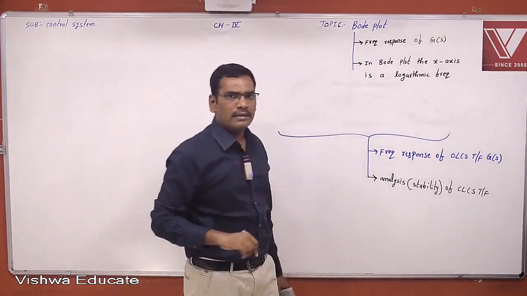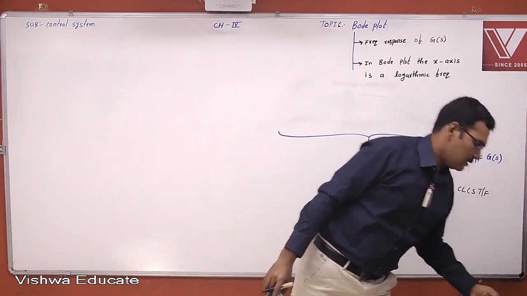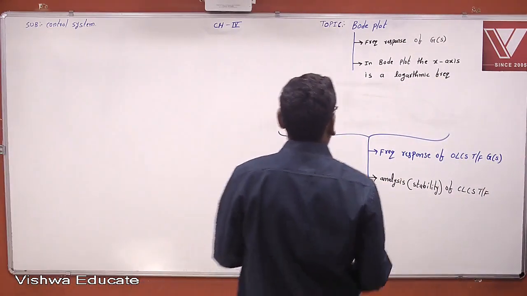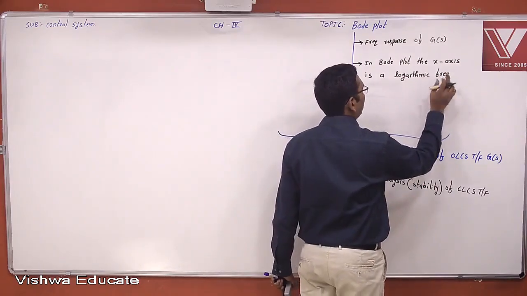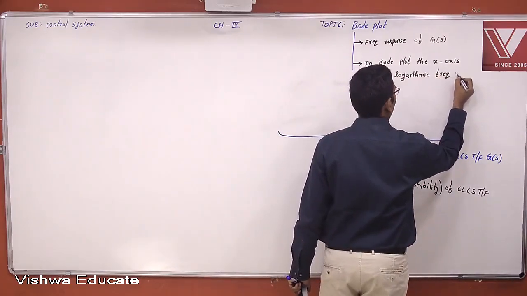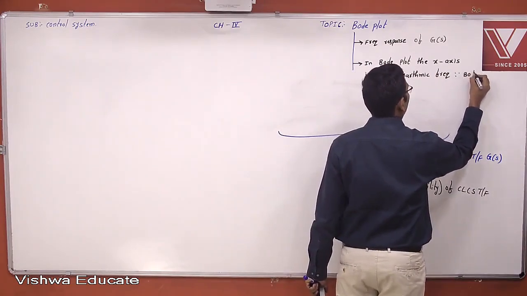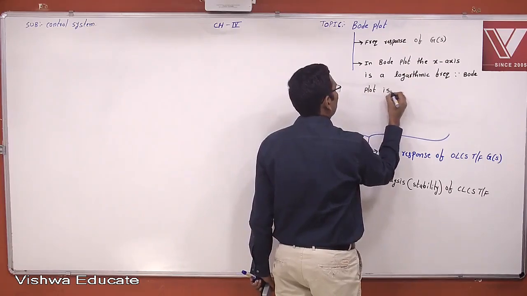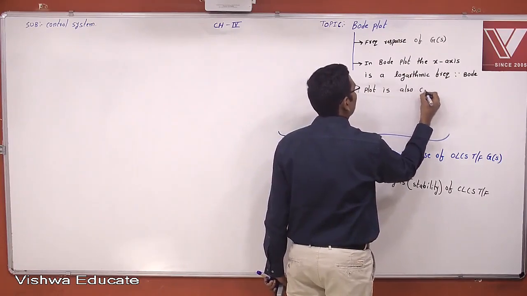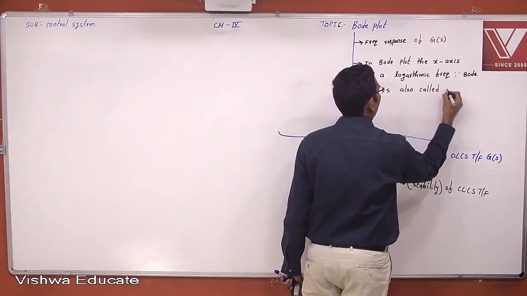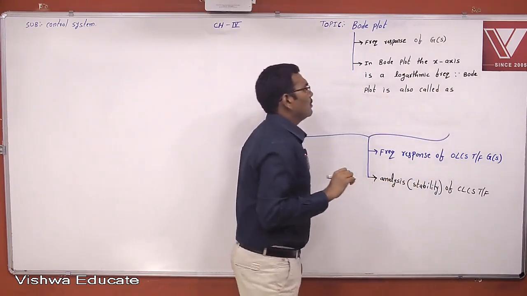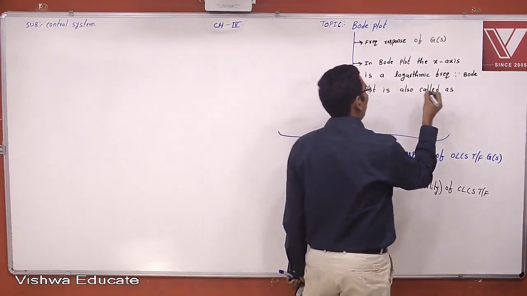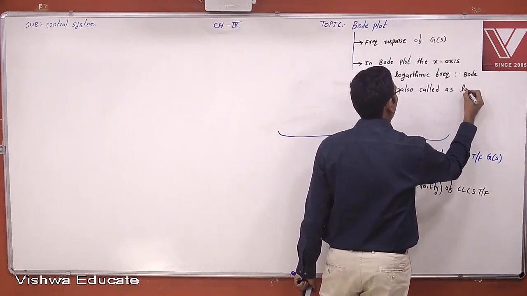In the Bode plot, the x-axis is not a frequency, the x-axis is a logarithmic frequency. Therefore, the Bode plot is also called a logarithmic plot.